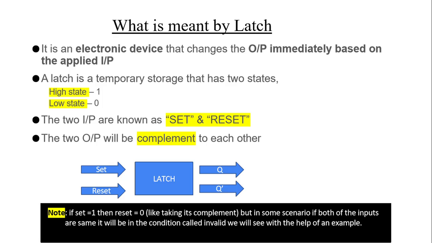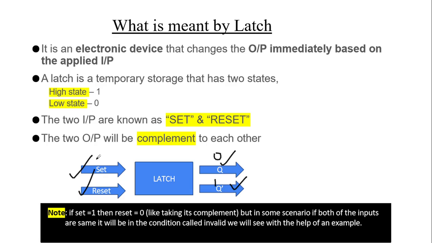Here in the latch we are going to deal with two inputs, which are set and reset. Then I have two outputs, which I'm going to name Q and Q dash. Whatever value you give as Q, suppose I get 0, the complement of 0 makes 1, which will be my Q dash.